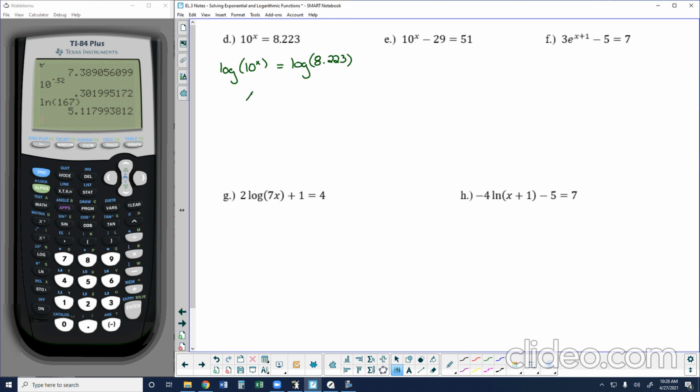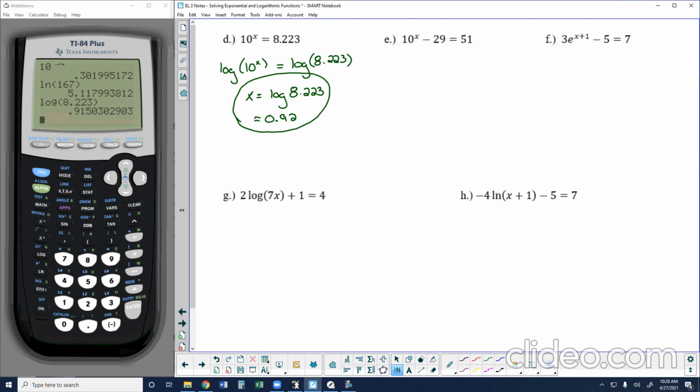Because they're inverse operations, that's going to cancel each other out, leaving you with log base 10 of 8.223. This would be the exact answer for x, which can be evaluated in the calculator. And so our approximate answer would be 0.92.